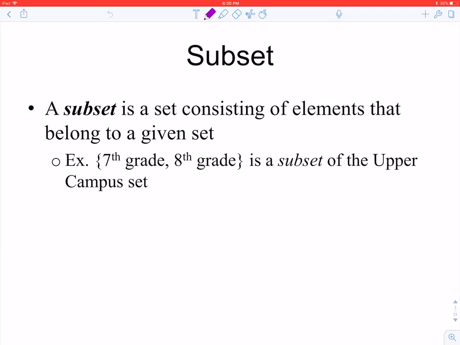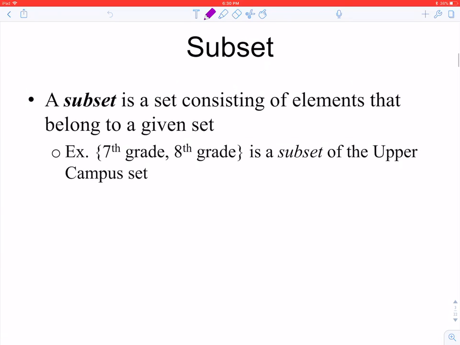Then within that high school subset, we could break it down even more and say there's a lower classman subset, which would be 9th and 10th grade, and an upperclassman subset, which would be 11th and 12th grade. But a set is a subset of another set as long as each of the elements that belongs to that set also belongs to the other set.